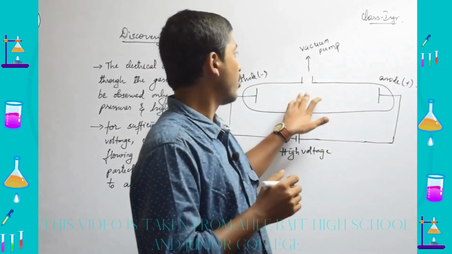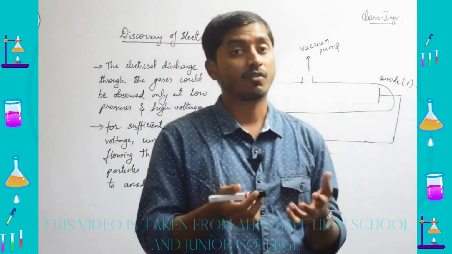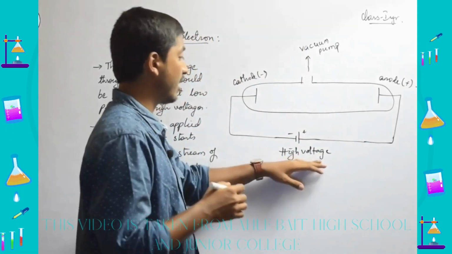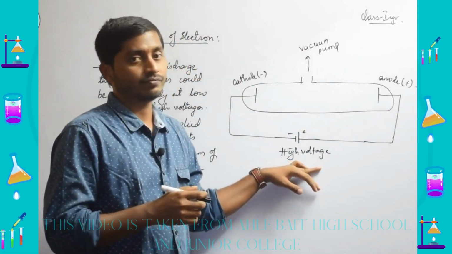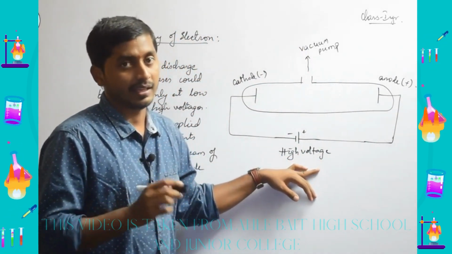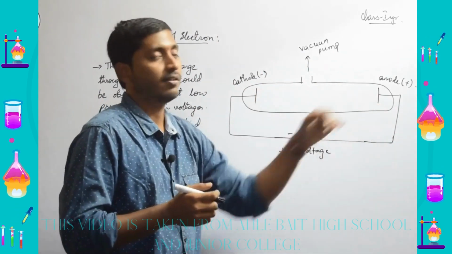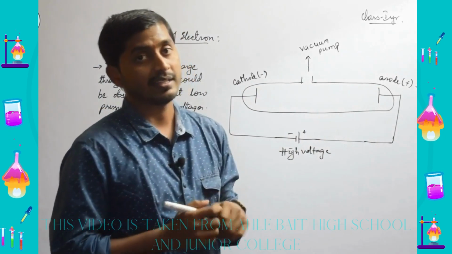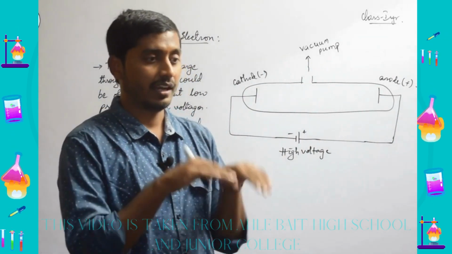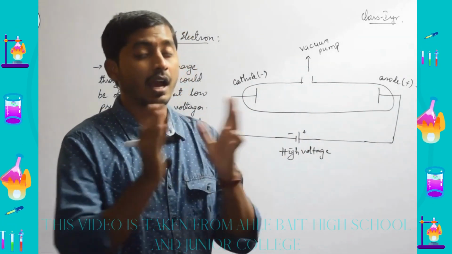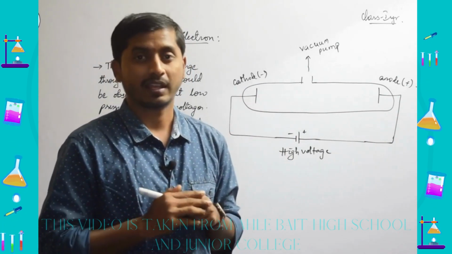We are maintaining low pressure using the vacuum pump, and the high voltage we apply externally. So what is the condition for electrical discharge through a vacuum tube? The discharge tube has to be maintained at very low pressure and high voltage.